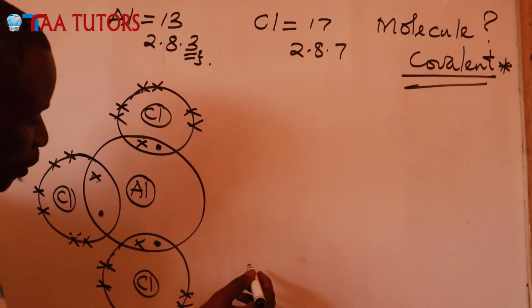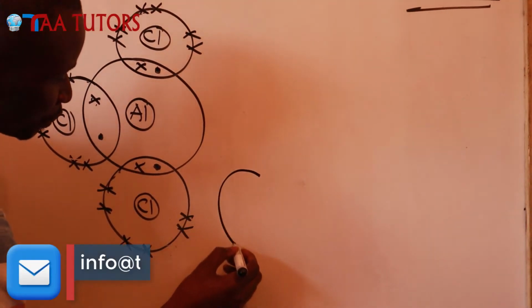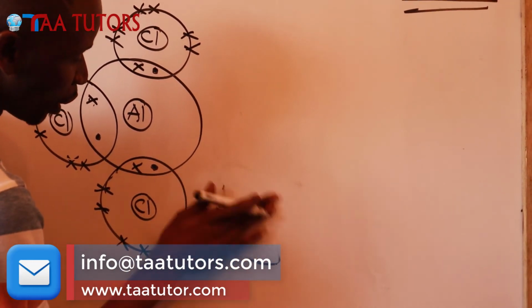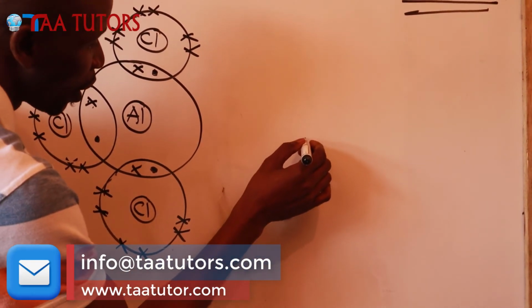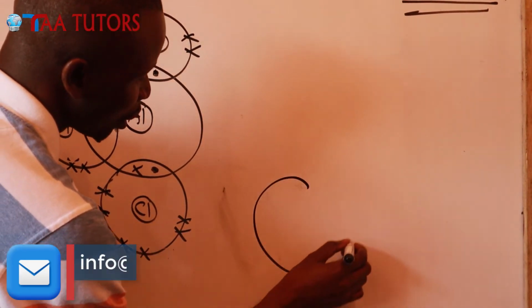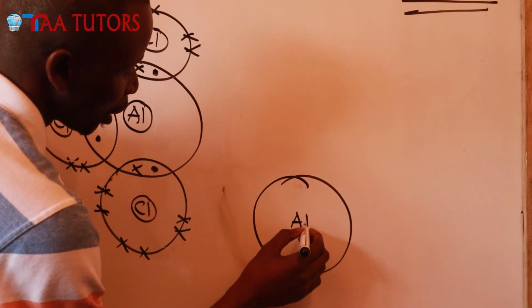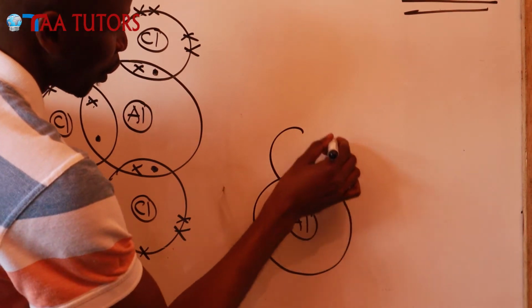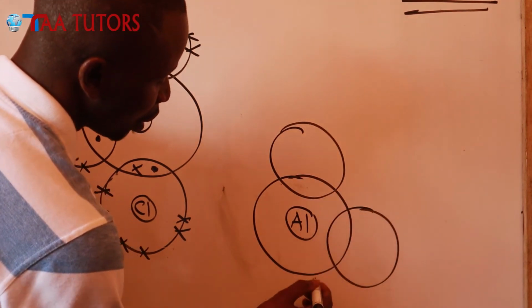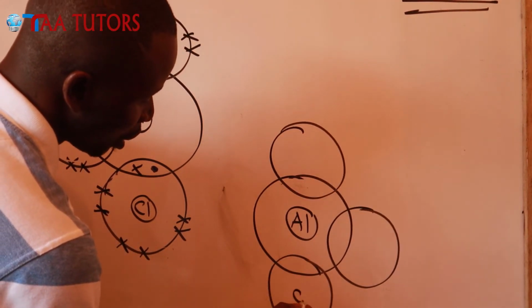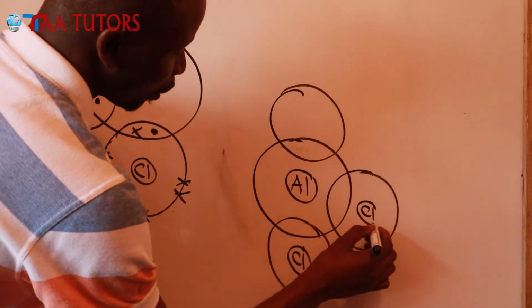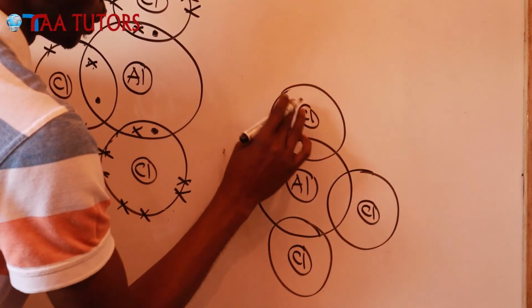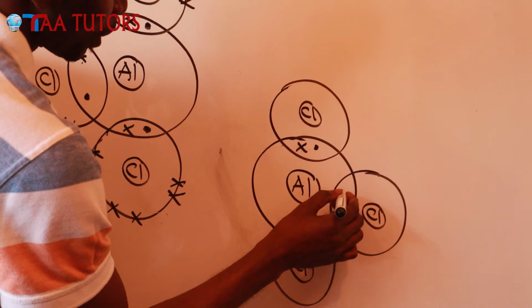And if I have that compound here, let me draw another one. So I have aluminum here, Al, and then I have chlorine, another chlorine, another chlorine. Viewers, I want you to follow me very carefully so that we see what is happening here.